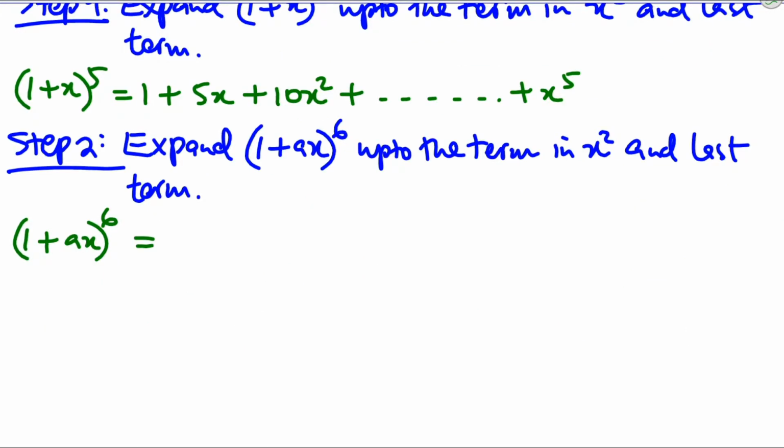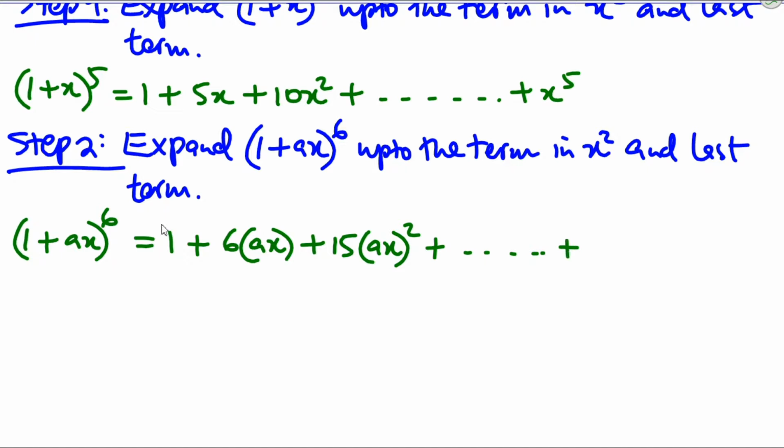Because powers of 1 really don't matter, I'll just focus on the powers of ax and the binomial coefficients. So we have 1 plus 6ax, where 6 is the binomial coefficient, plus 15(ax) squared plus whatever comes next, plus the last term, which will be (ax)^6.